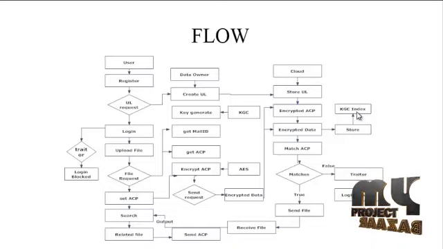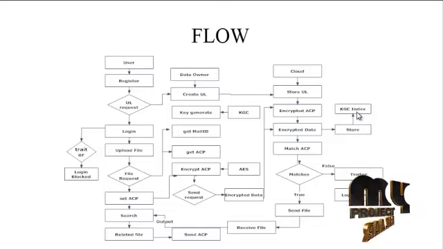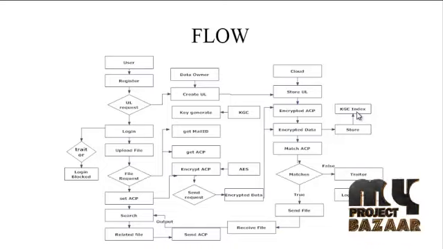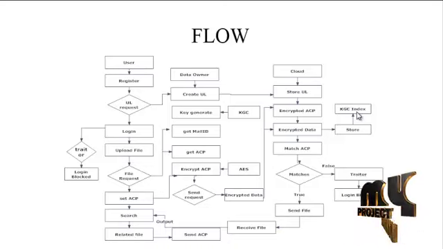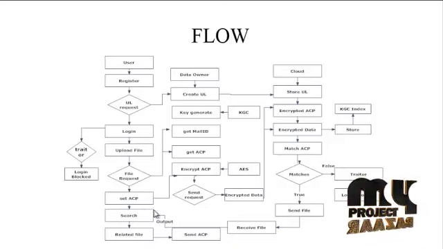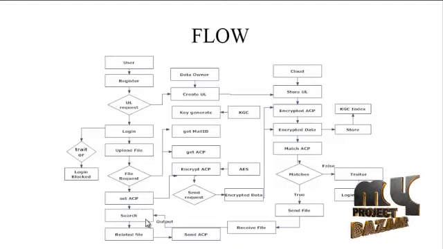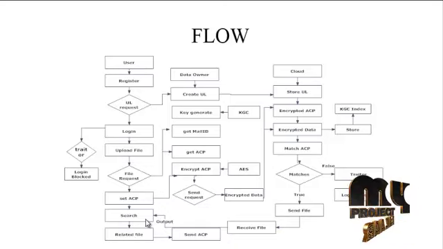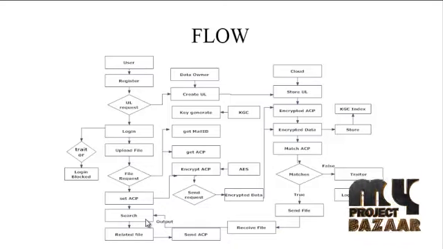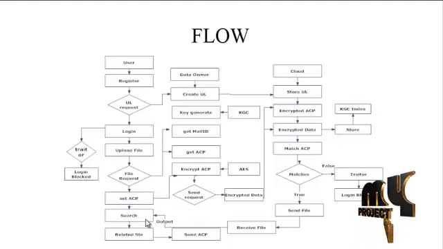Once the data is stored, the user can search their uploaded file using the ACP. If the user searches for a file depending upon their query, it will be directly retrieved from the cloud. This is not involved with the data owner.